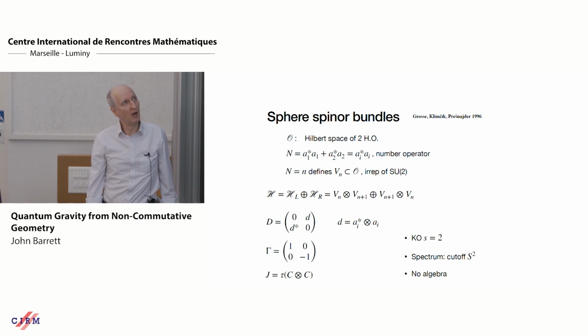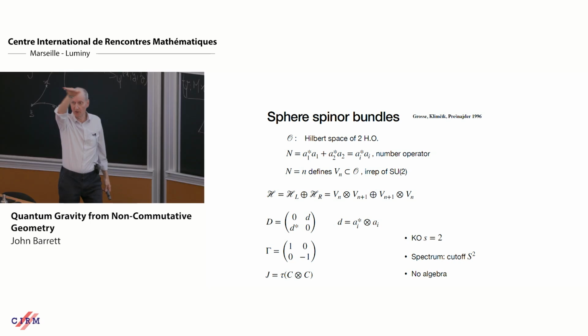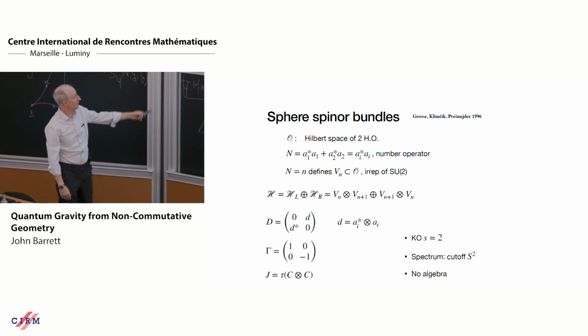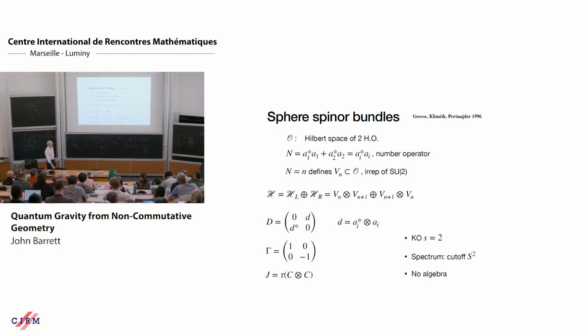Okay, so there's the operator D going from the left fermions to the right fermions, and D star, its adjoint, goes back the other way. So you package them both up in a 2 by 2 matrix, call it big D, and that's my Dirac operator. And with the chirality operator as obviously here, 1 for the left-handed and minus 1 for the right-handed, then this has KO dimension of 2. So, hooray, we seem to be back on track, and now we've actually got spinor bundles.